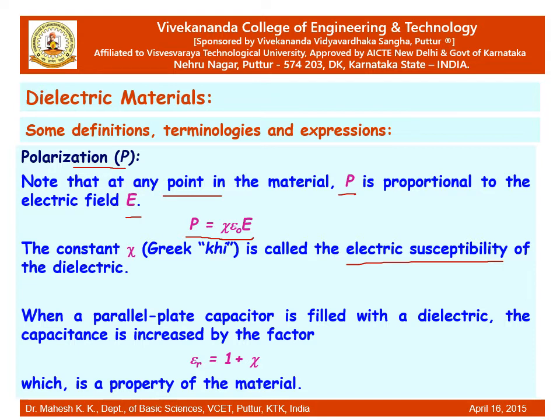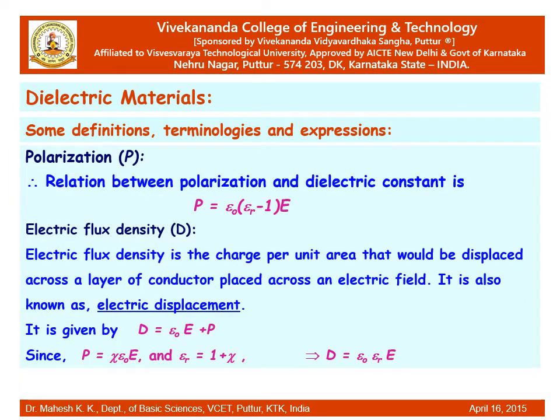When a parallel plate capacitor is filled with a dielectric material, the capacitance increases by the factor epsilon r, and that is equal to 1 plus chi. So chi is the electric susceptibility. Considering everything, we have polarization equal to epsilon naught into epsilon r minus 1 into E. So there is a relation between the polarization and the dielectric constant here.